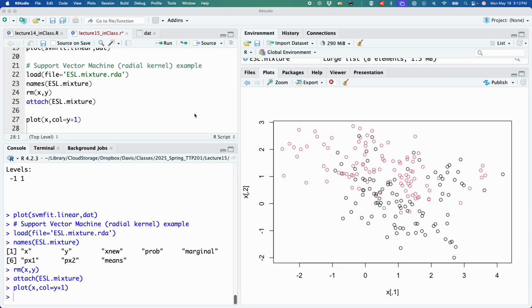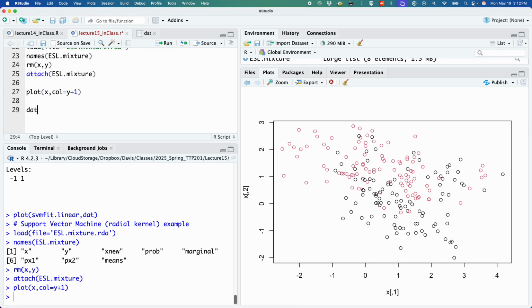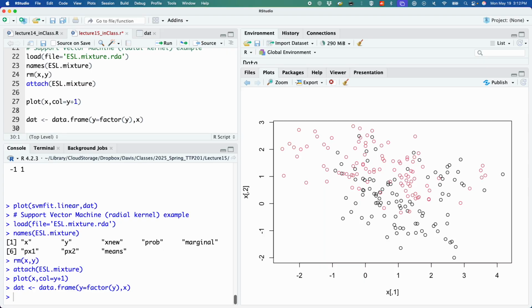Okay, so here we have x1 and x2, and we have a particularly messy plot, okay? And let's do this. Here we're going to do our SVM.